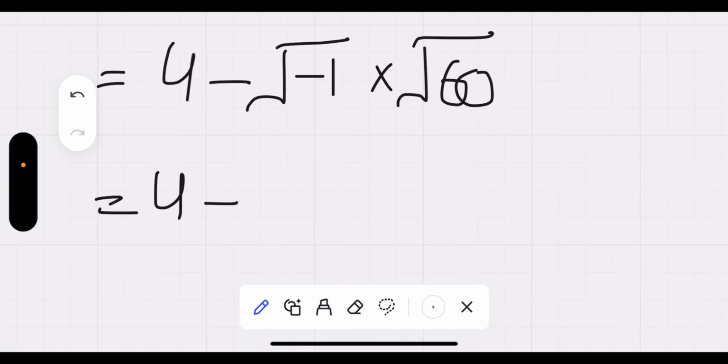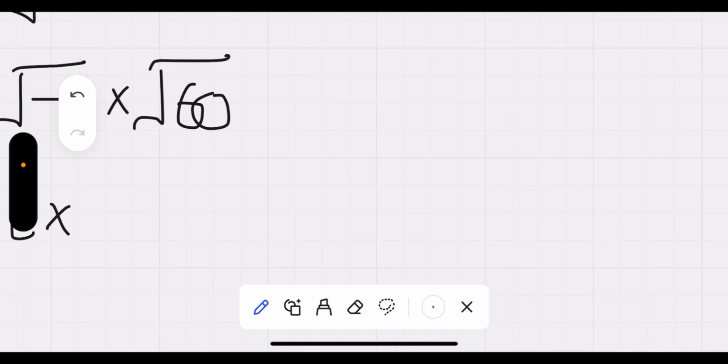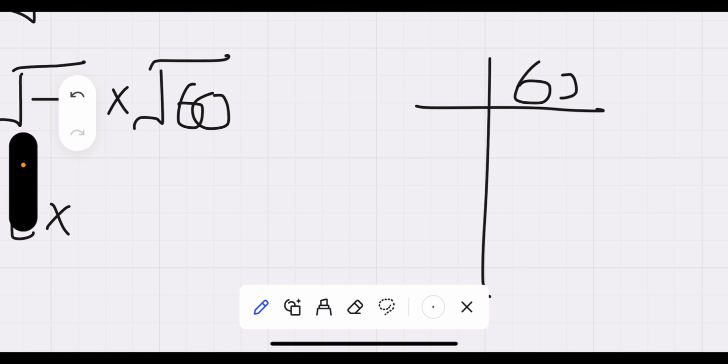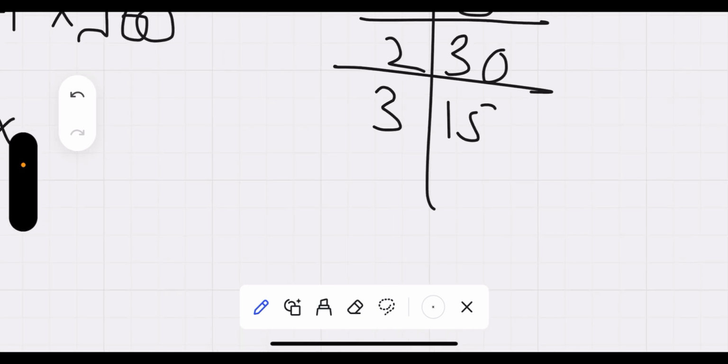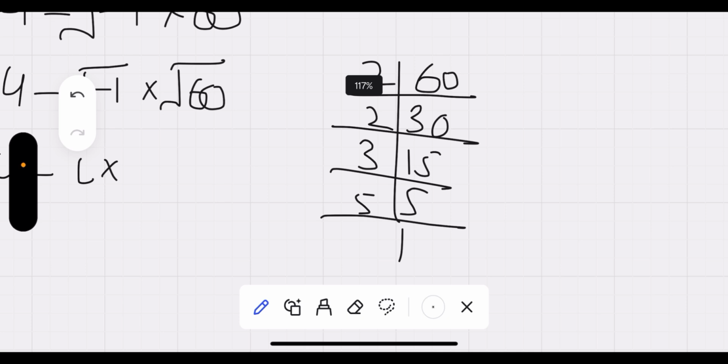Square root of minus 1 we can write as iota, and square root of 60 we can simplify by taking the LCM of 60. So here 2 cross 30, 2 cross 15, 3 cross 5 and 5 cross 1. So we have a square of 2 and 3 times 5.